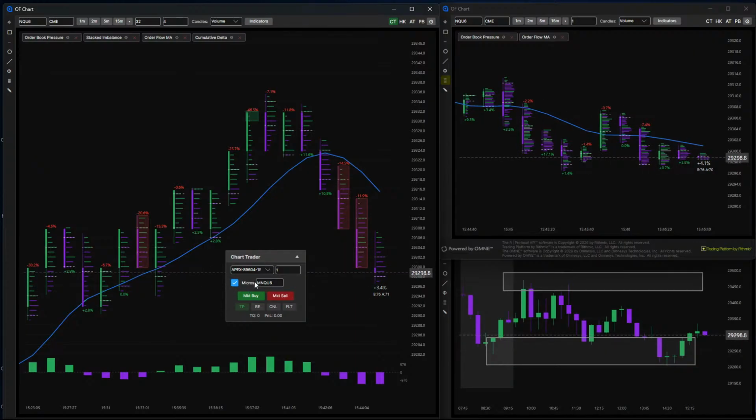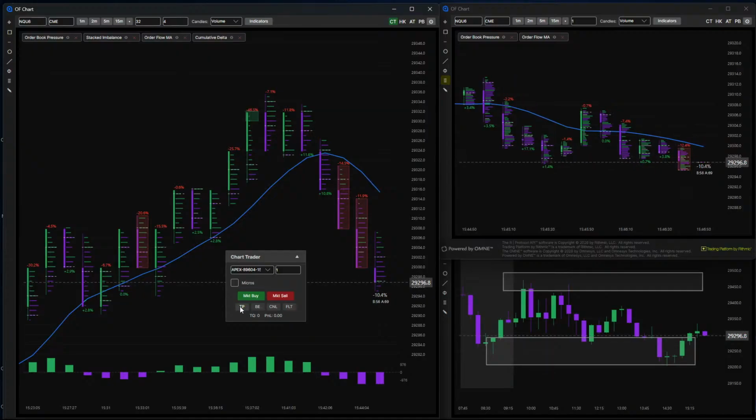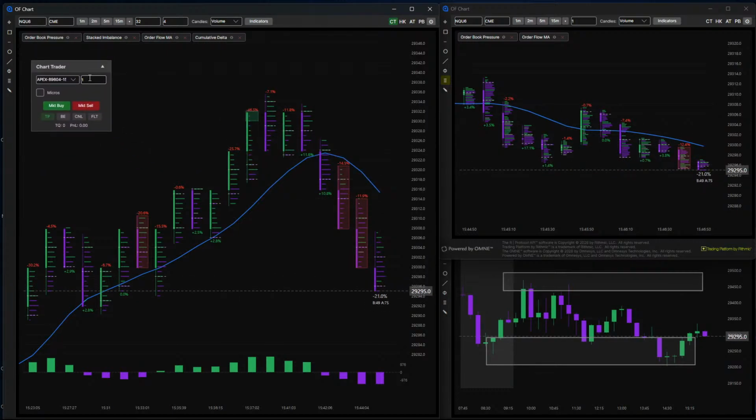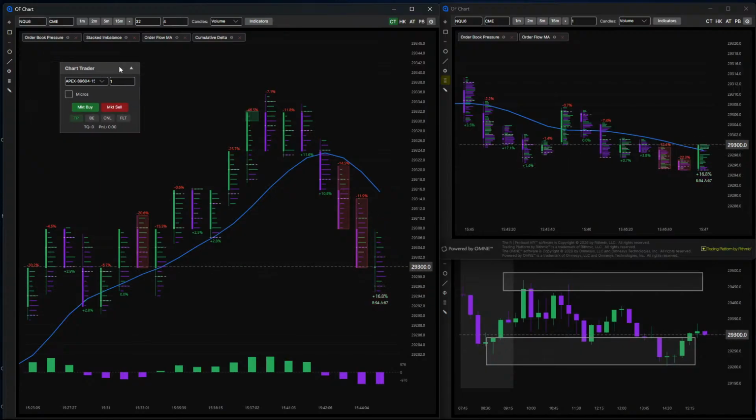If you want to trade the nanos, put the NNQU6 there. I need to change that, micros and nanos. You can do buy market, sell market, take profit, which is a limit order, break even, cancel, flat. It's not docked over to the right like most of them because this ain't like most platforms. Screw most platforms. I want to build my own crap.